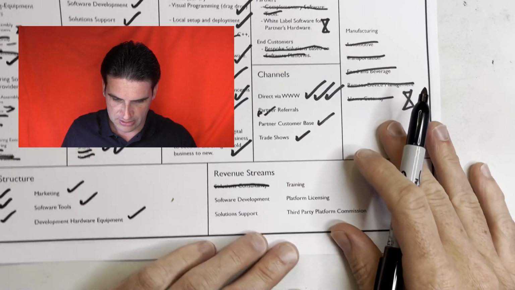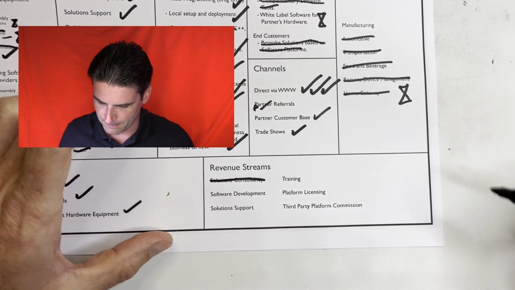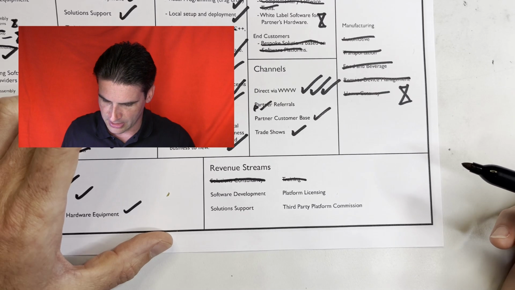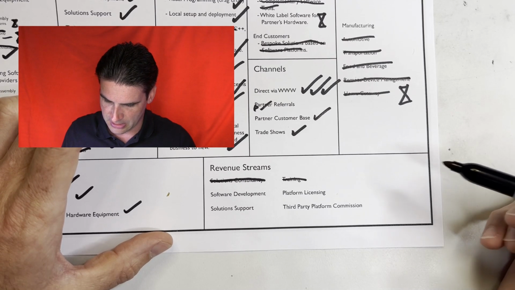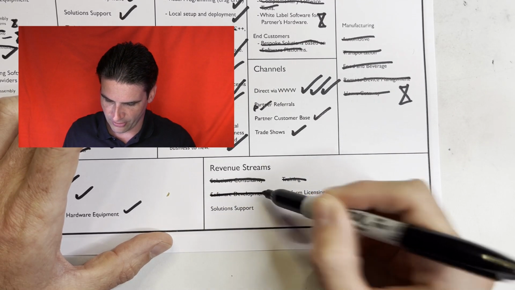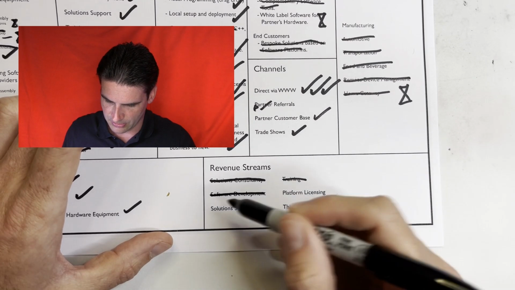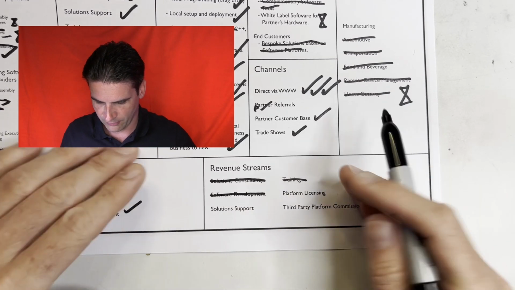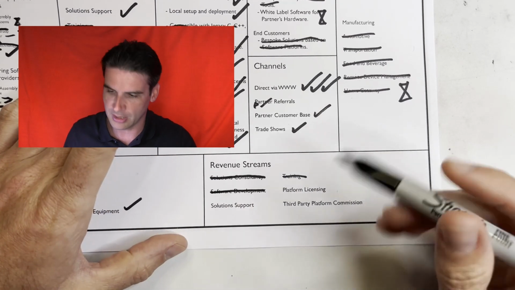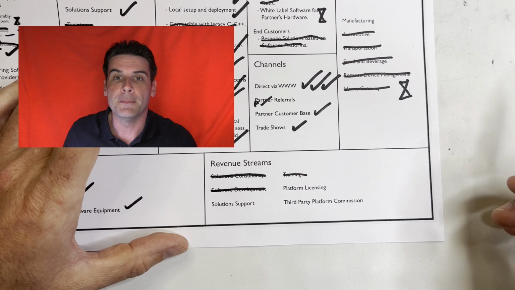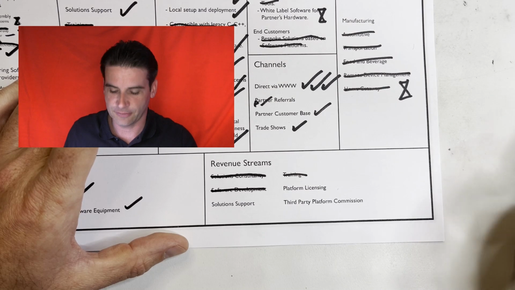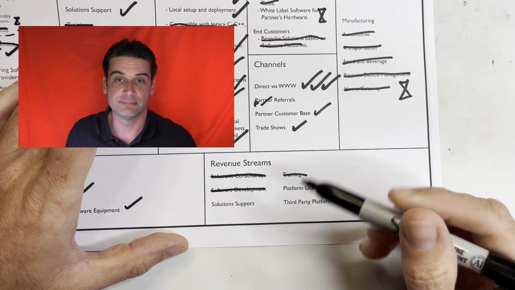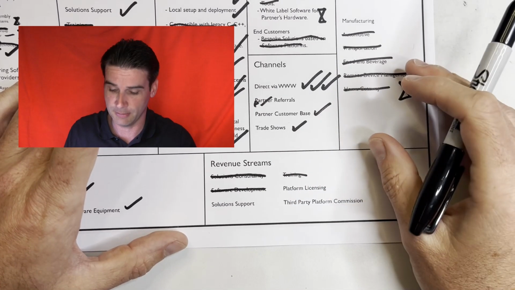So revenue streams is the last one. Training, not really, no, we're going to give away for free at the moment. Software development, no, give away for free. Solution support, no, everyone's been quite respectful. I think if they want things faster they would have to pay for it, but really everyone's really happy with the time.